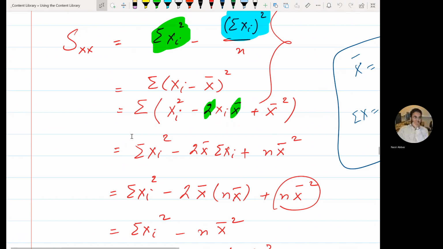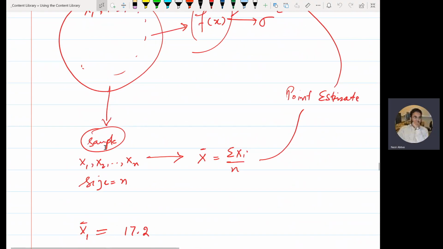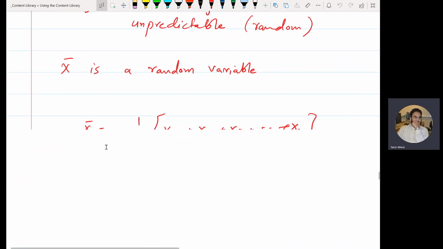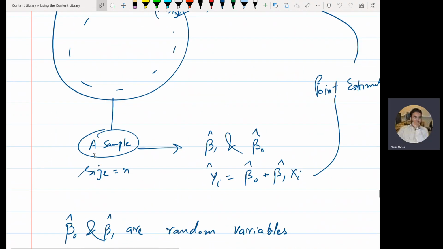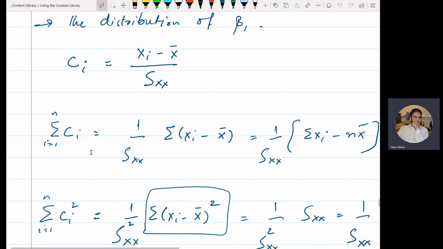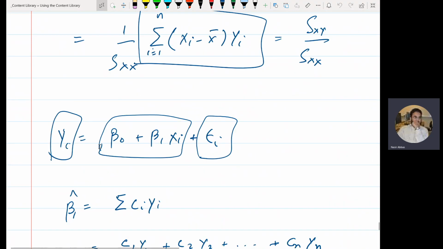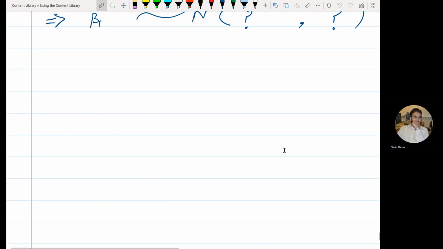We introduced a quantity Ci, and we said this will help us find the properties of beta 1 hat. So the bottom line at this point is here.